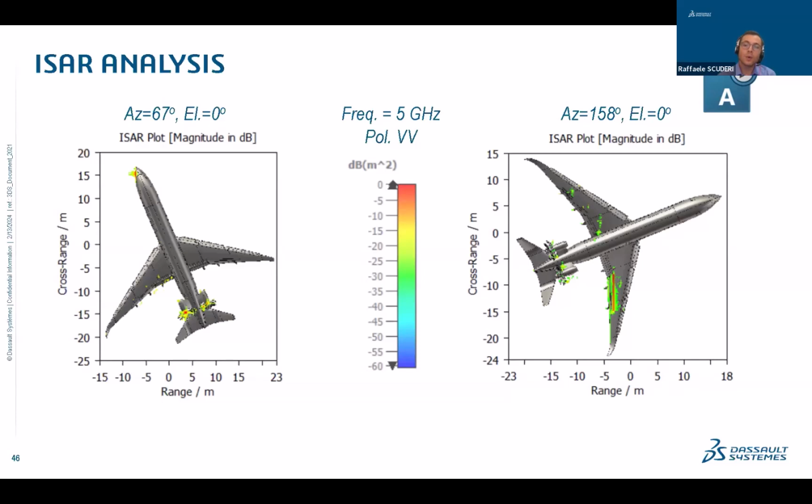And now I can clearly see who is responsible for that peak in the RCS. So where this peak is coming from for different aspect angles, 67 degrees, 158 degrees. And I can immediately identify, for example, the nose and the blades of the aircraft as main contributors.